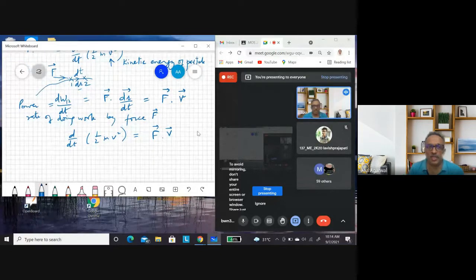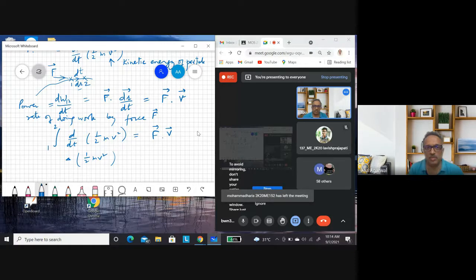If you integrate the power over the time period from t1 to t2, you get the change in kinetic energy.